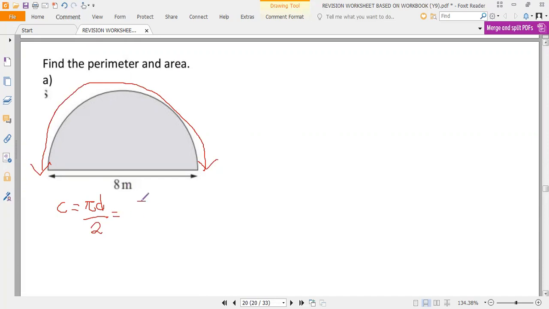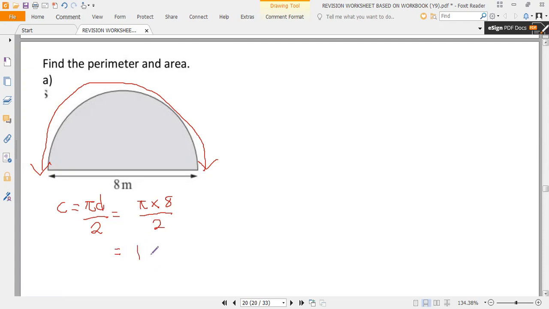So pi times 8 divided by 2. It's 12.56637 something. So I'll round it off to 12.57, 2 places.